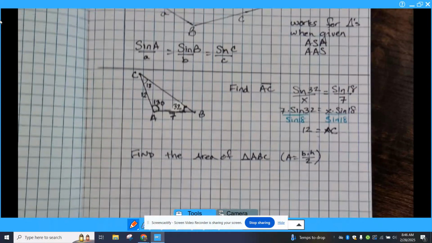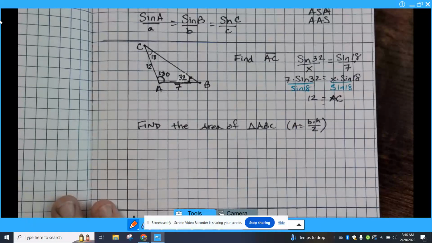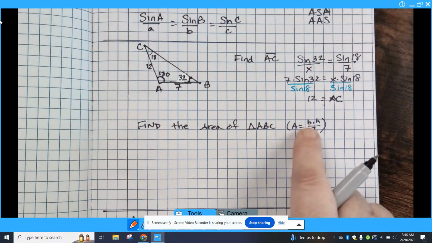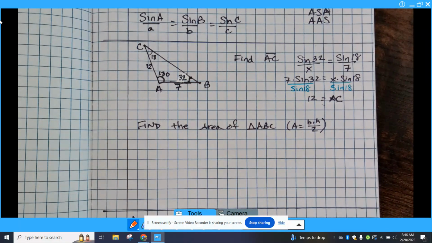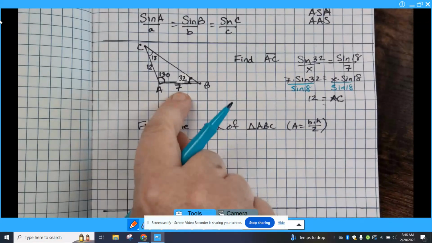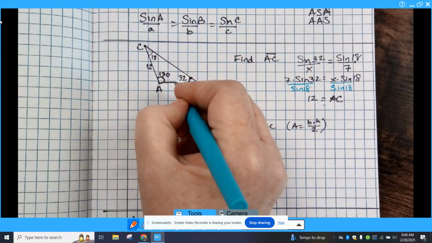My second question with the same triangle is to find the area. So the area is base times height divided by 2. So first we have to figure out the base. The base is 7. That's our base.